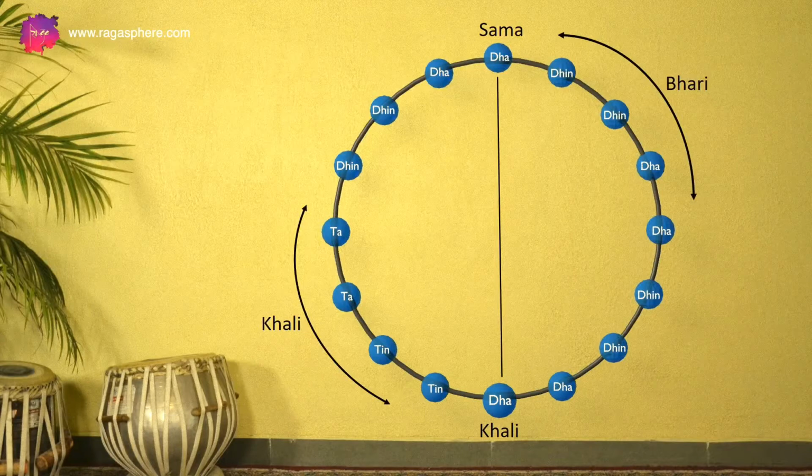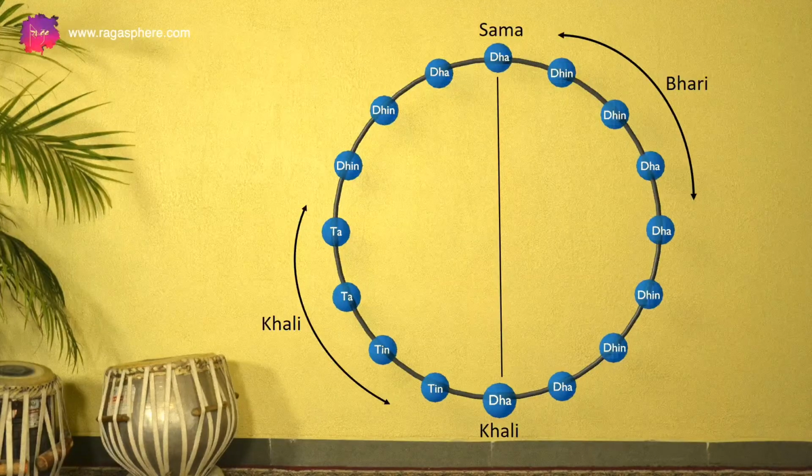If you look at this avartan of Teen Tal now, you would find that the avartan is split into two halves. The second half is known as the Khali part of the avartan and the first part is the Bhari part of the avartan.